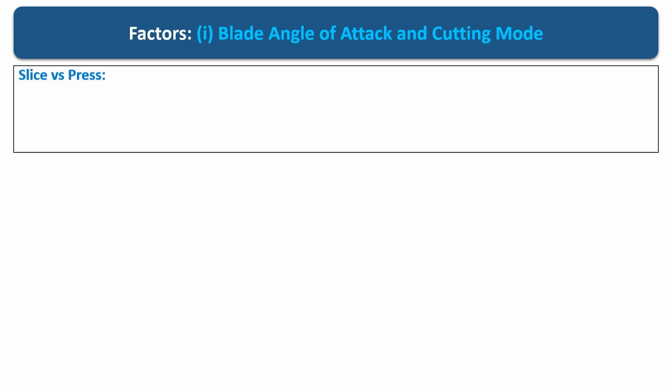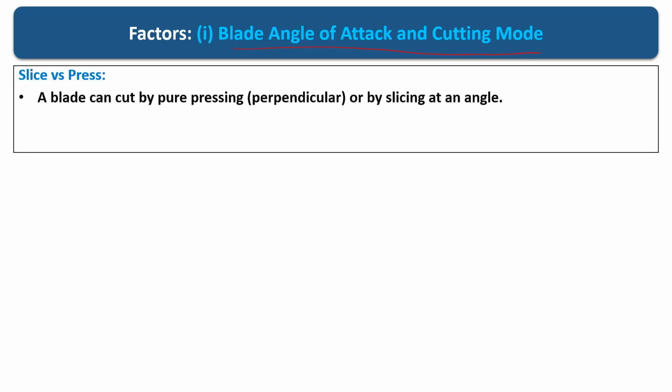So, first is the blade angle of attack and cut mode. Cutting modes are basically, one is slicing, or by pressing. Slicing means simply getting the shearing action.